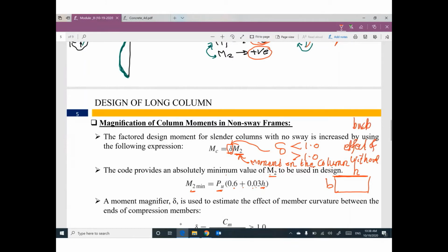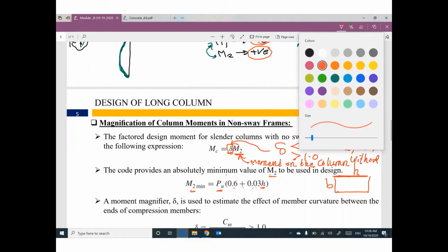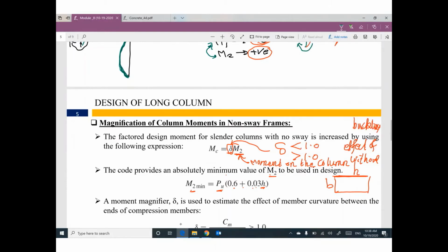We need to add the effect of buckling. So I'm going to multiply this moment by delta. This delta will increase the value of the moment to consider the effect of buckling. So I believe this delta must be greater than 1.